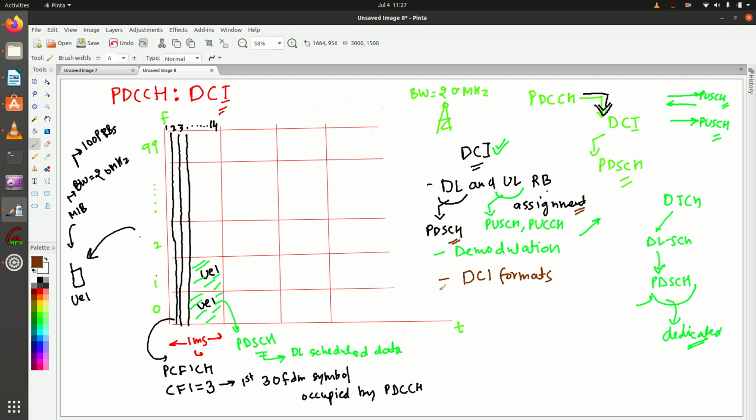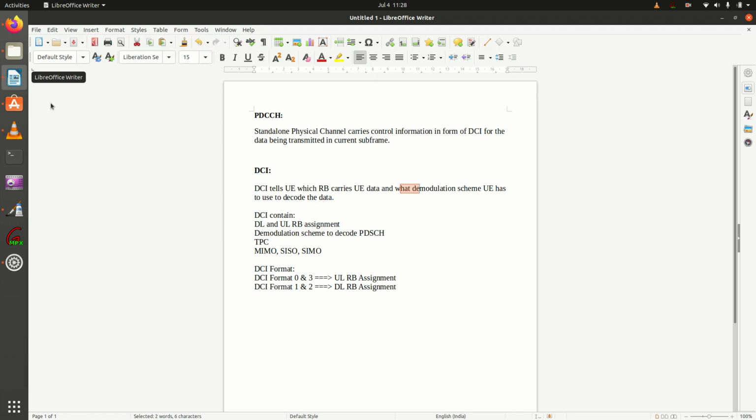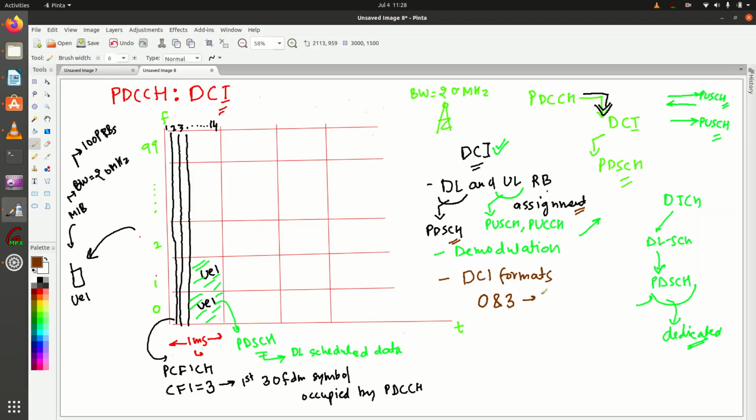There are multiple DCI formats defined by 3GPP. I'm just giving you an overview, so keep this in mind: format 0 and format 3, let me cross check, yes, 0 and 3 are for uplink resource block assignment, that is assignment of PUSCH, PUCCH.